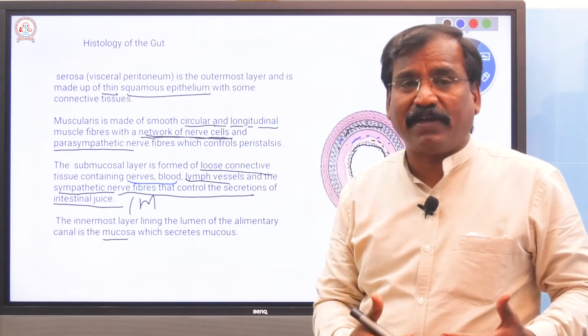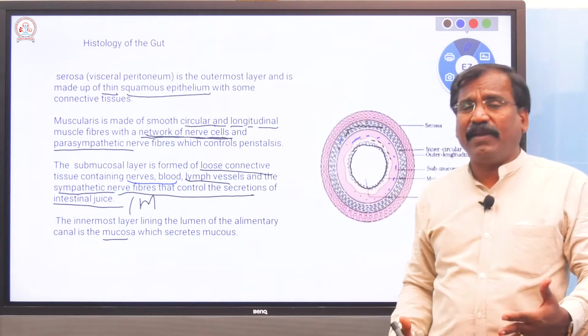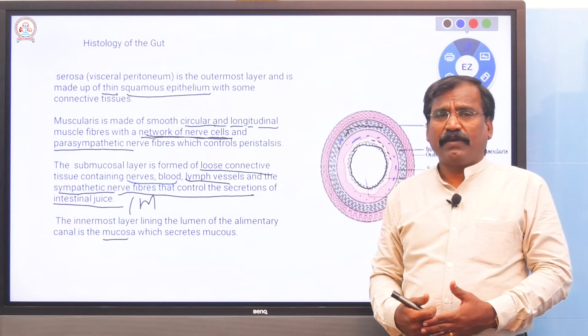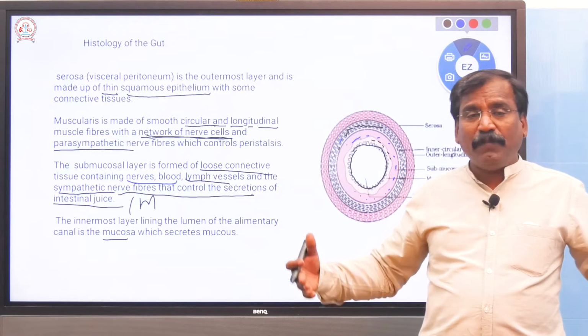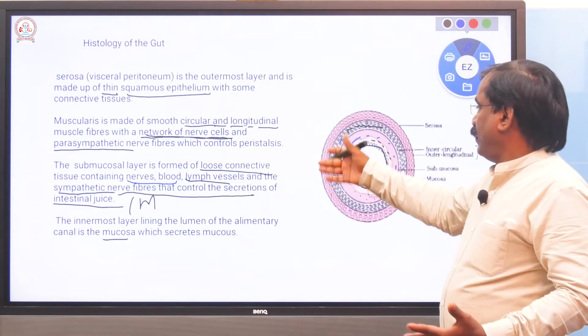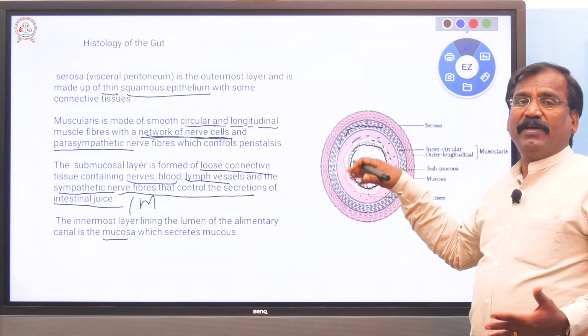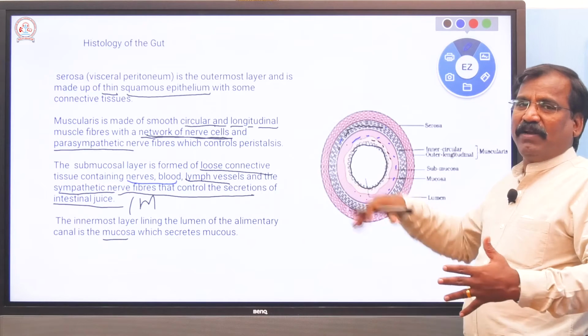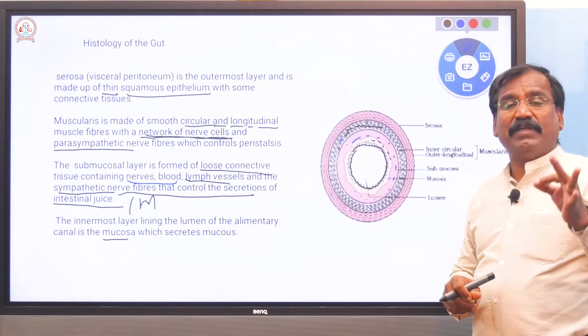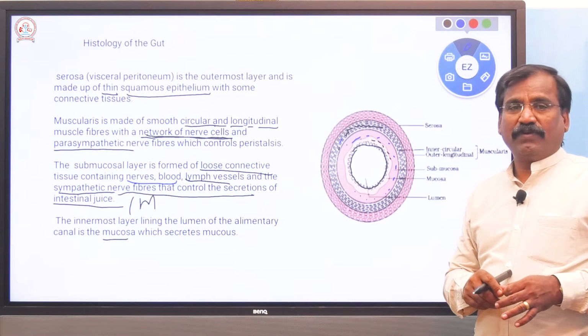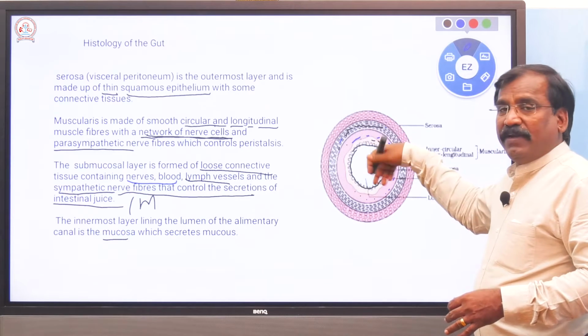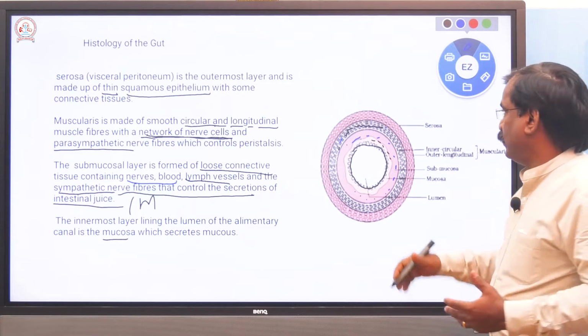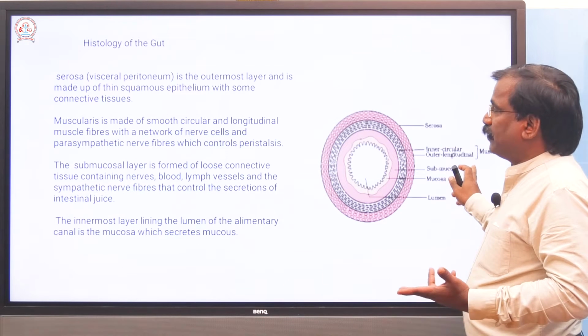See, in the stomach, highly concentrated HCl is secreted, but it cannot damage it because of this. So the histological arrangement of the intestine protects it from the action of enzymes, right?